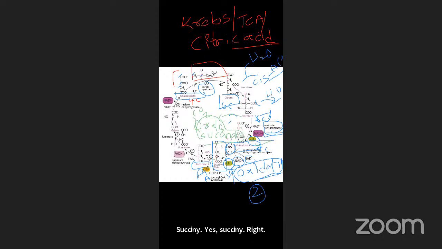After formation of succinate, another oxidation, the third oxidation, takes place. In the third oxidation, succinate or succinic acid is converted into fumaric acid or fumarate. So in this oxidation, instead of NAD, FAD is converted into FADH2.